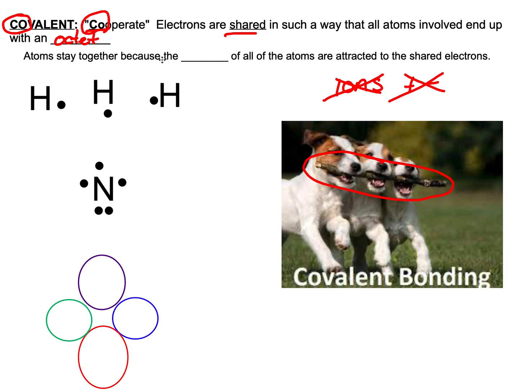And those atoms are going to stay together because the nuclei of all the atoms are attracted to those shared electrons. So look at this example here. A little hydrogen only has 1 valence electron. It needs 2 because the first energy level can only hold 2, and that's all hydrogen needs. Nitrogen, meanwhile, has 5 valence electrons. It needs 8, so it wants to gain 3.